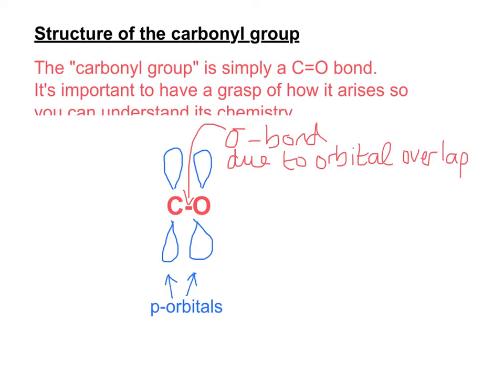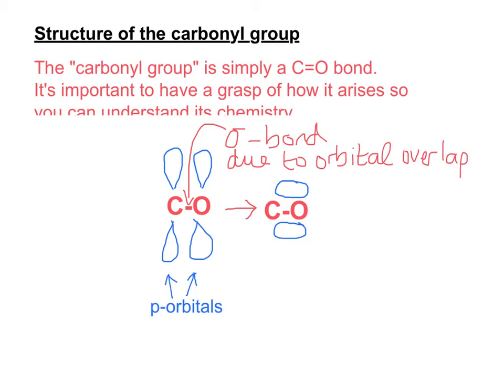What happens when the p orbitals overlap? Well, that's when you create a pi bond. So if we redraw it on the right hand side, we can now redraw the orbitals as overlapping, but we're going to draw them slightly more towards the oxygen. Now, why might this be?